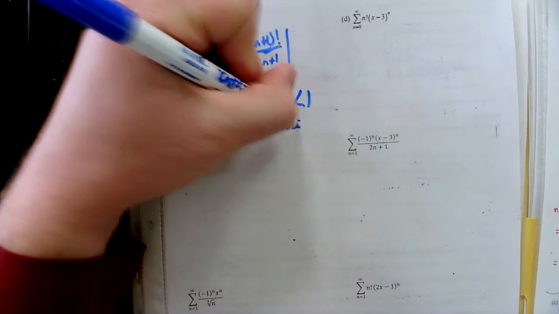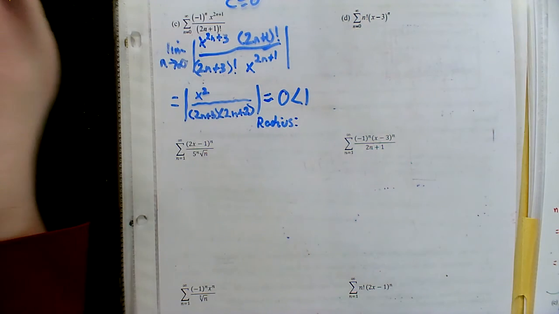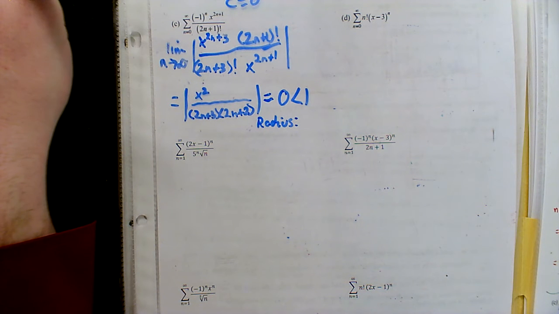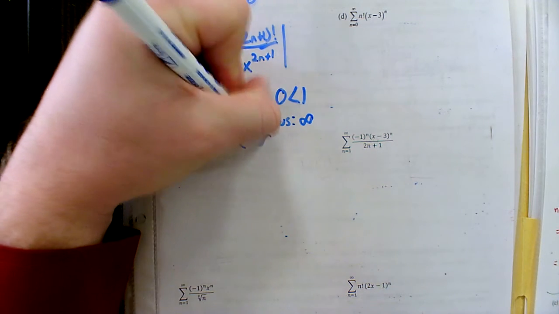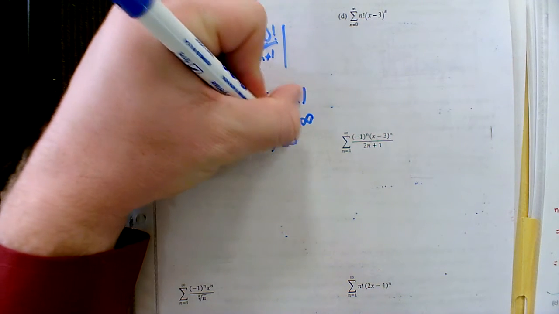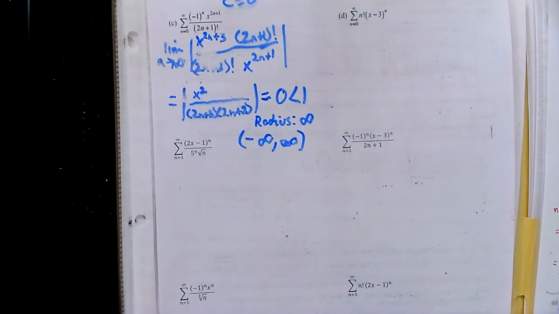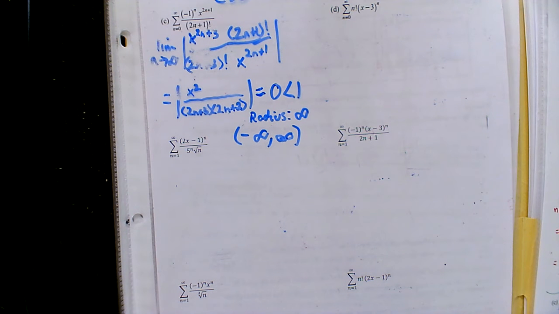So the radius has to be what for this problem? Since it's convergent on all reals, the radius of convergence? Infinity. So the interval has to go from negative infinity to positive infinity, and no need to test endpoints. Those ones are nicer. Less work.